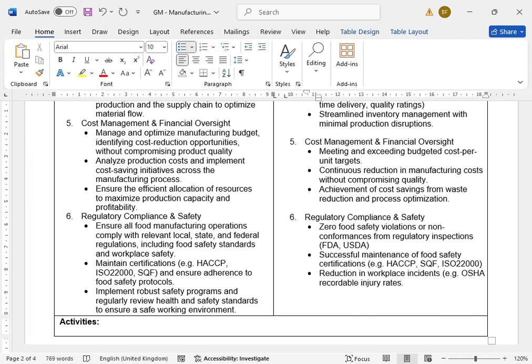Some companies call this reportable injury rates. There are injuries which are very minimal, superficial scratches. They don't report it as an injury, but they serve this as a warning. For example, if the employee is not wearing proper PPE, personal protective equipment, then they give a warning to the employee asking why he's not wearing it.